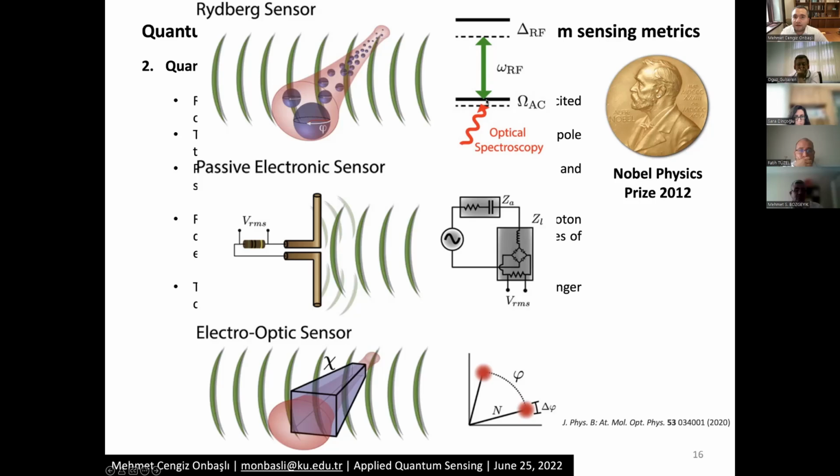Basically, when we have one state here, we apply omega RF, which is an external microwave field, for instance at gigahertz rate, and then we split the energy levels, and then we apply an optical pulse and excite our electrons over the allowed dipolar transitions.